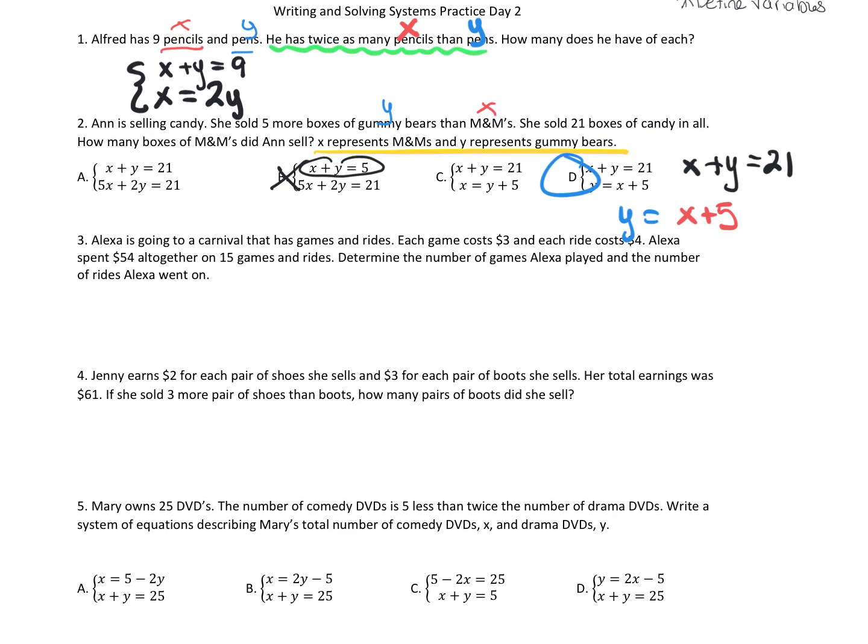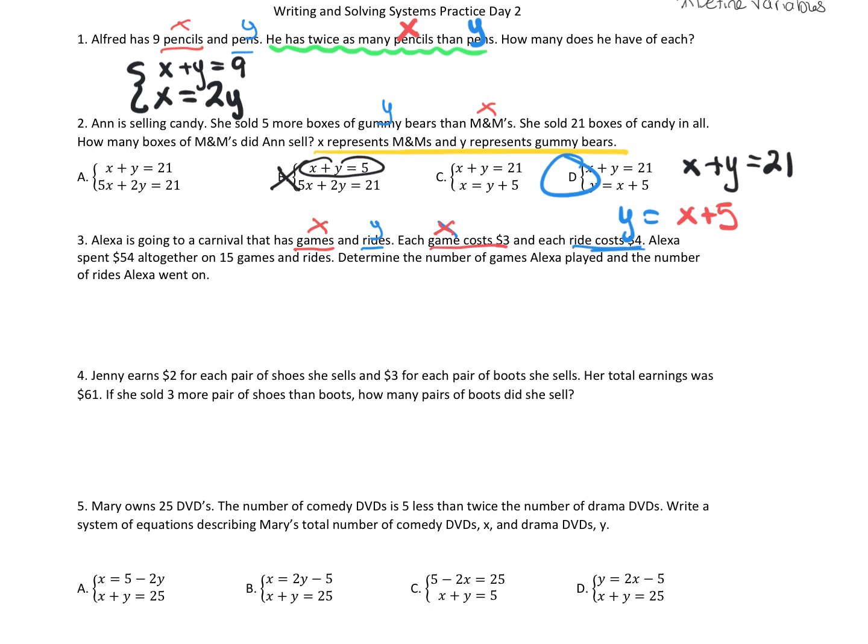Alexa's going to the carnival that has games and rides. So games and rides. So I'm going to write games X, rides Y. Each game costs $3.